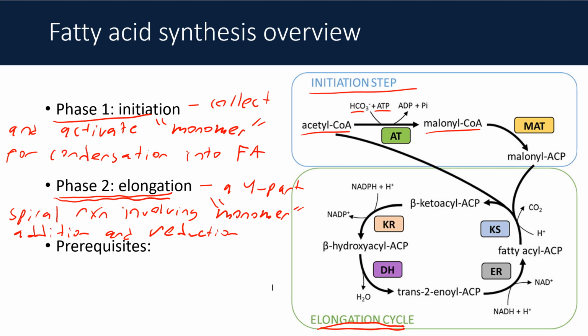We are going to take these malonyl-CoAs and glue them together and reduce them until we get a C16 palmitic acid, which is usually where the spiral ends.